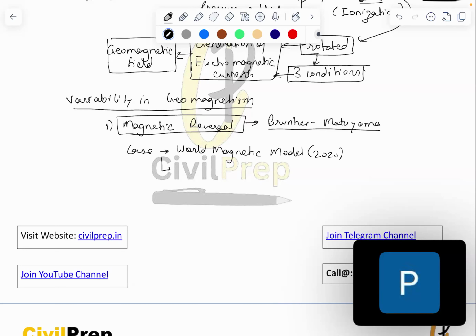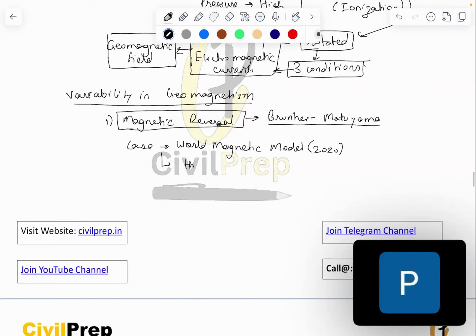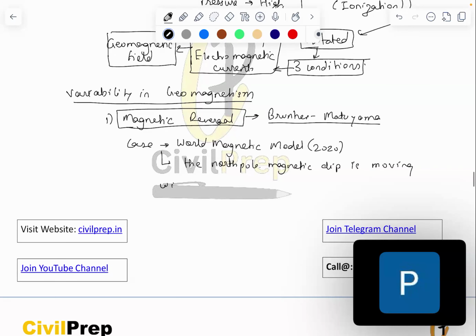They have said that the North Pole magnetic dip is moving at a rate of 41 kilometers per year.